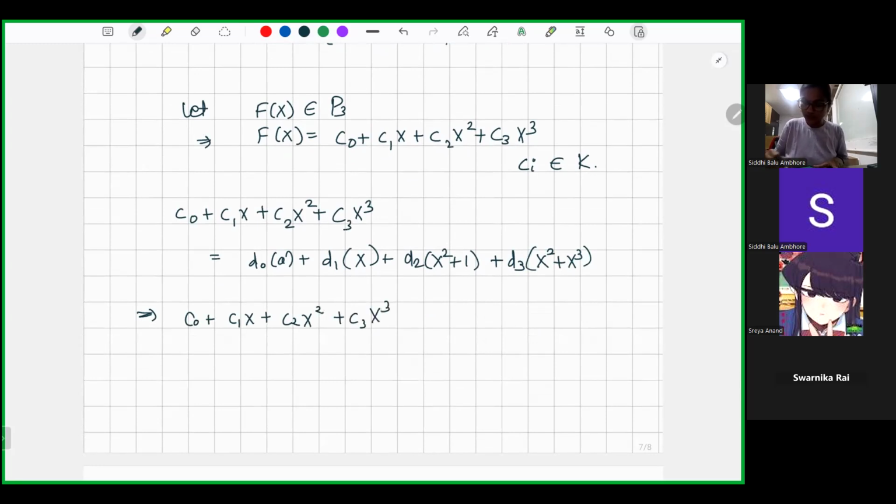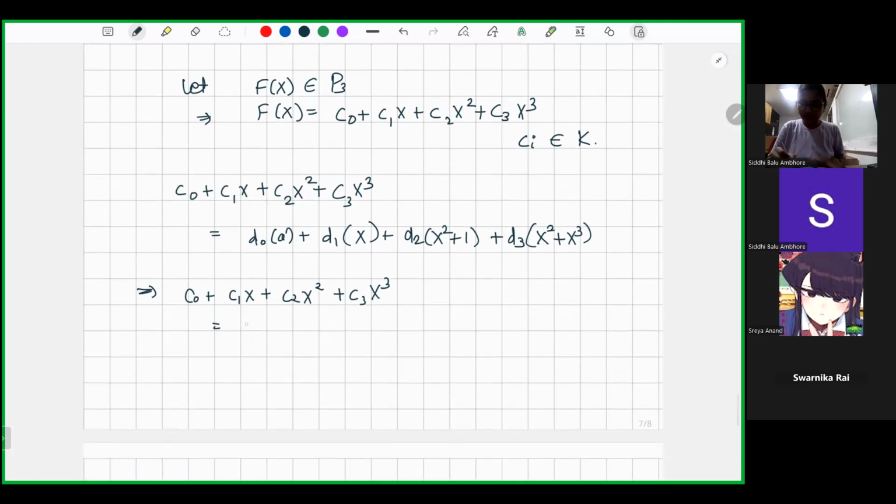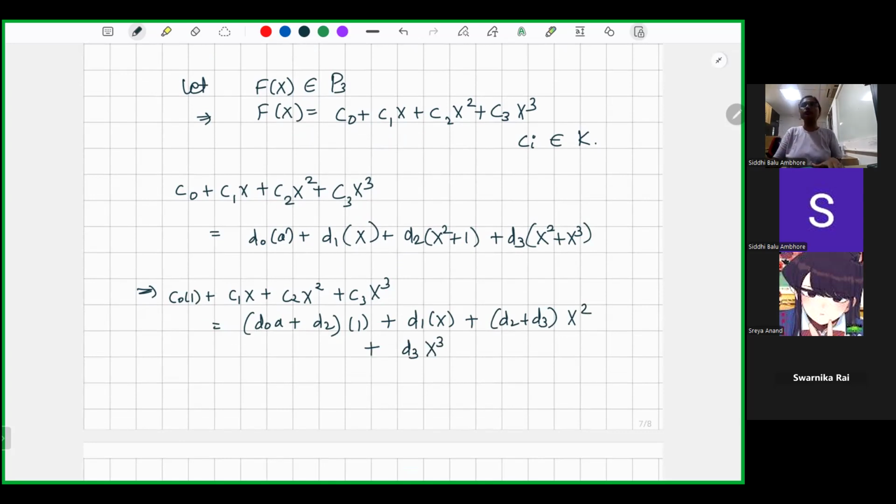is equal to, if I combine the coefficients of all the x^i, D0 plus D2 into 1. So this C0 is D0 plus D2 if we check. And for x, I have only D1 x, so nothing else. For x square, I have D2 plus D3, and D3 for x cube, right?